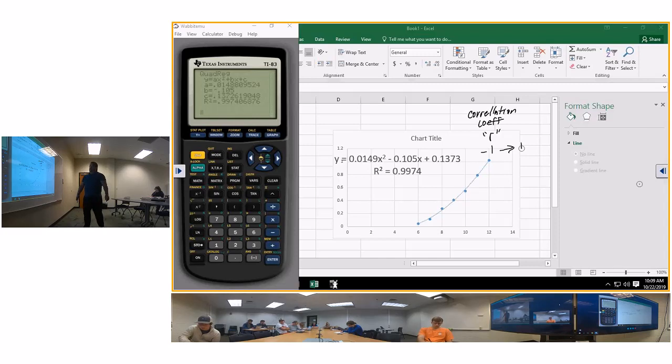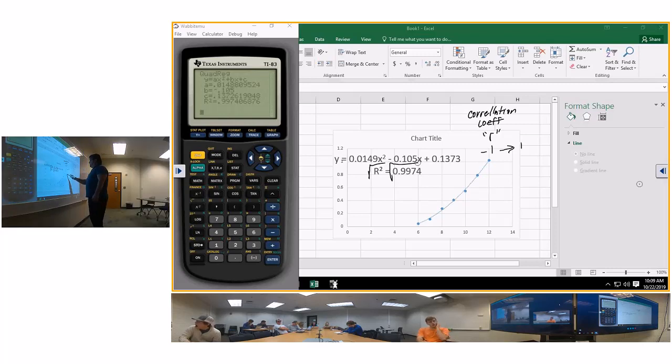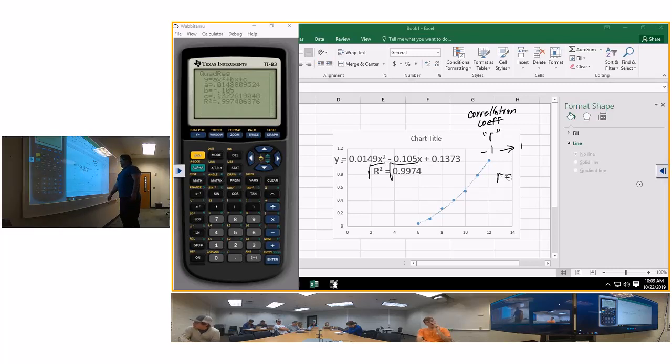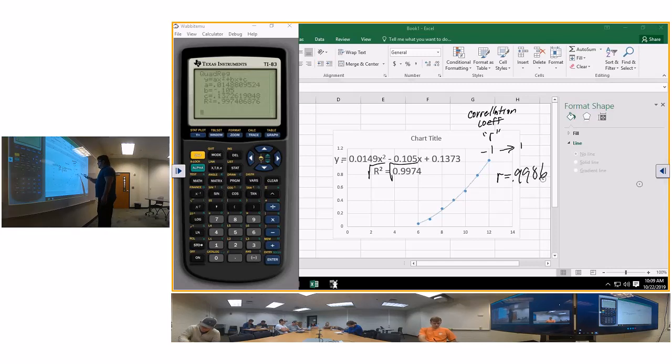So somebody take the square root of 0.9974 and tell me what you get. It's going to be very 99998. What is it? 0.9986, whatever. That is a very strong correlation coefficient.